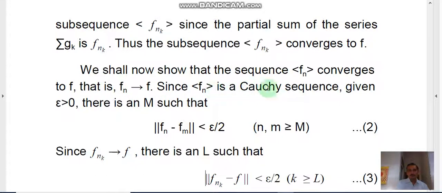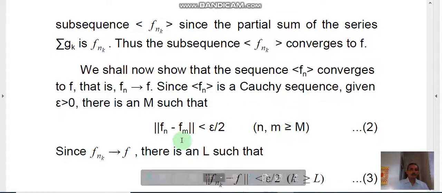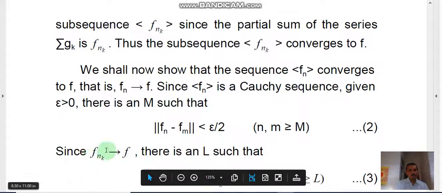Since Fn is a Cauchy sequence, for any given epsilon greater than 0, we can find an m such that the norm of Fn minus Fm is less than epsilon by 2 for all n, m greater than m. We call this equation 2.